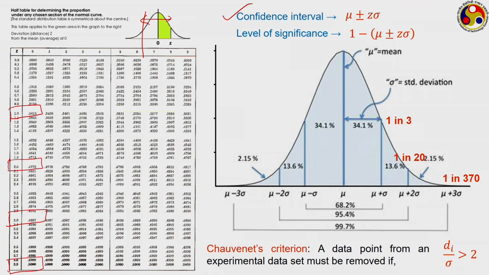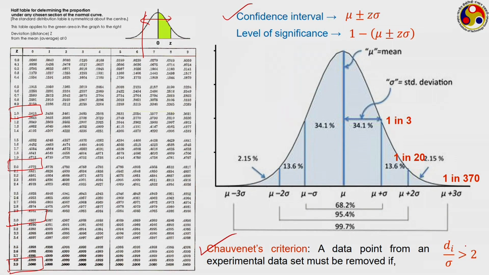One particular criterion was specified by Chauvenet. It is a very strict criterion. His idea was, if any data point is showing a deviation more than 2 sigma, then that has to be some kind of blunder or some kind of random point that is coming in. So, that should be discarded during the final processing.